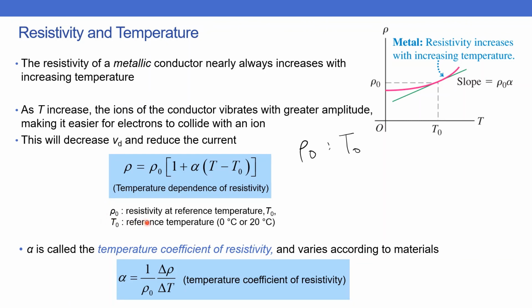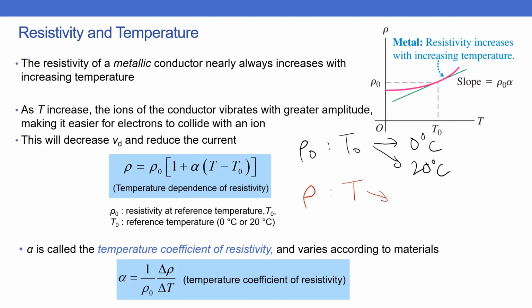So rho naught is the resistivity at the reference temperature, T naught. Typically, the reference temperature is 0 degrees Celsius or 20 degrees Celsius. I have already given you the value for resistivity at 20 degrees Celsius in the slide before this. So if we know rho naught and T naught, we can calculate the resistivity at a certain temperature.